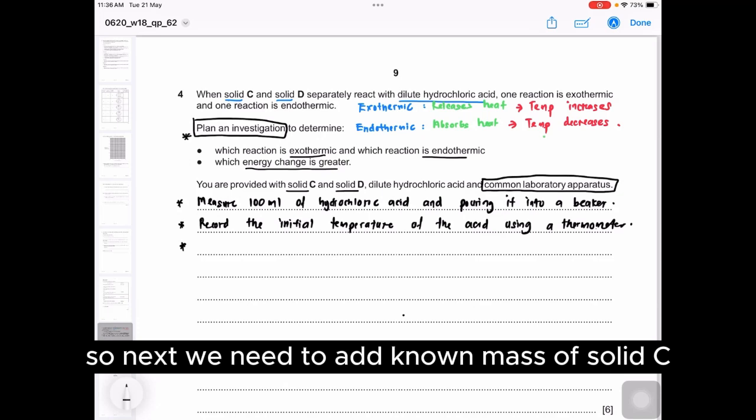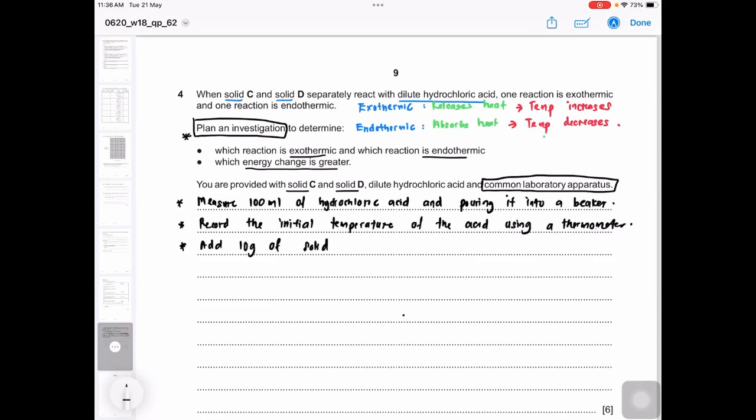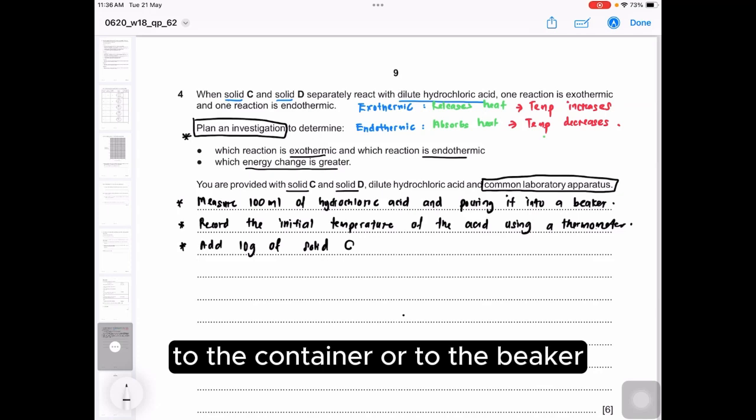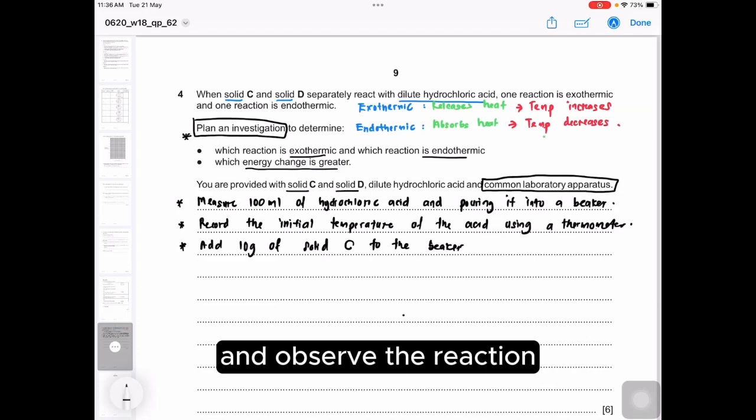So next we need to add a known mass of solid C. So we can write here, add 10 gram or 5 gram of solid C to the beaker and observe the reaction.